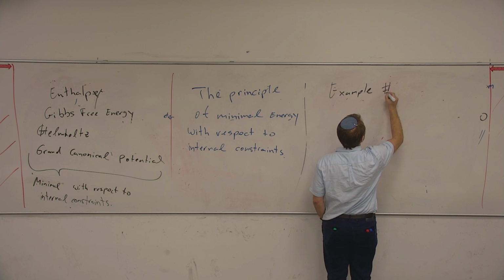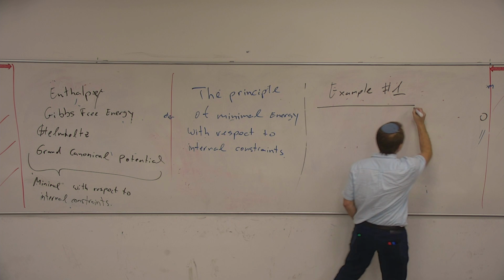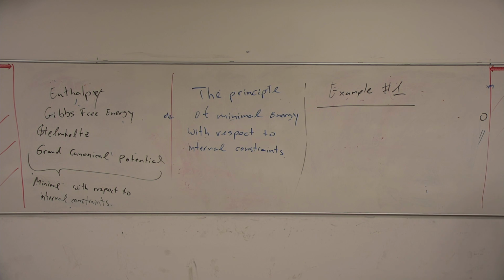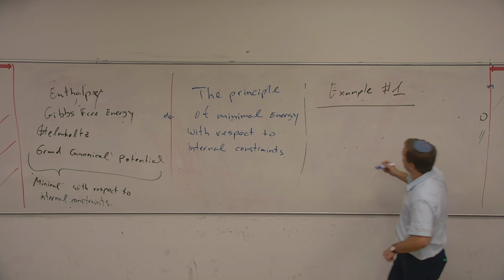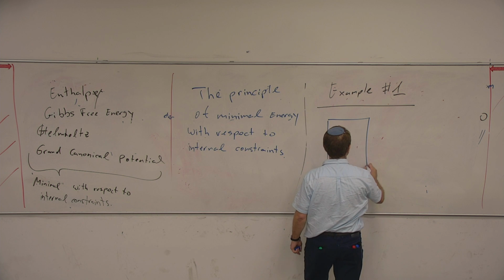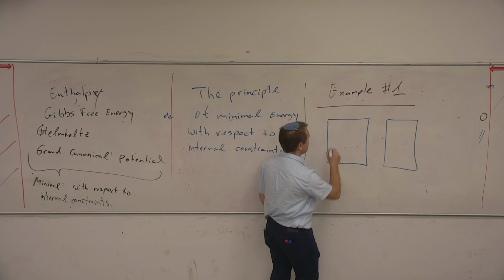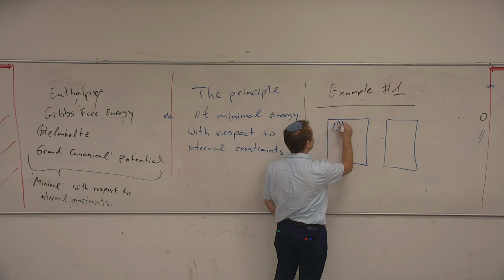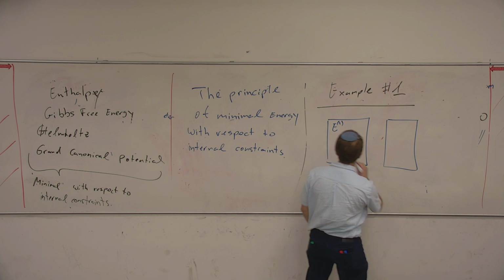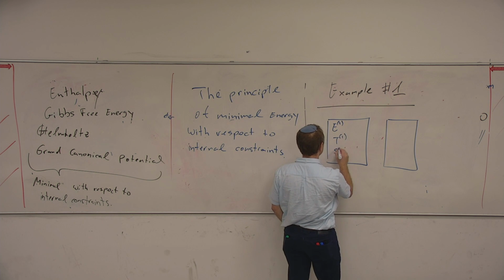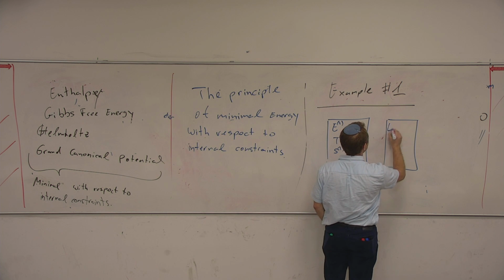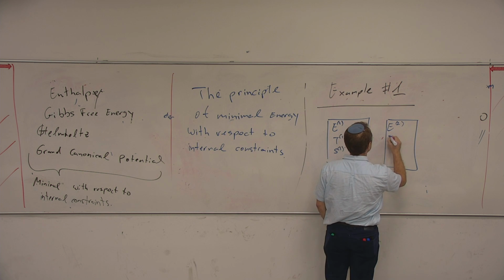Example number 1. I have two systems. This one is E1, T1, and S1. And this is E2, T2, and S2.